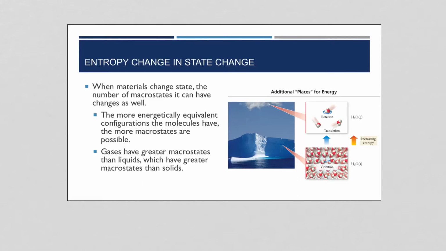Hi, welcome. In today's class, we're going to look at entropy and how it relates to state changes or changes of phase. Last time, we looked at the second law, and we saw how the second law explained why certain processes occur. Another example we could look at was heat transfer.